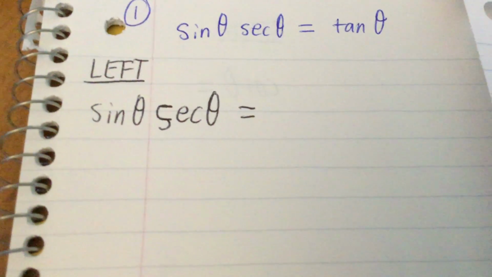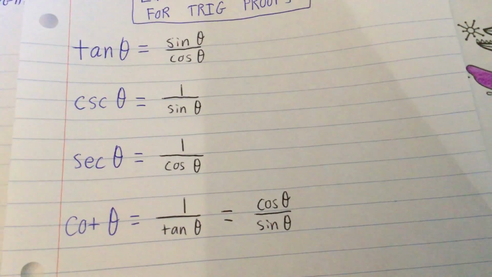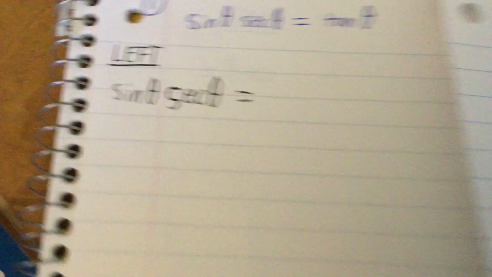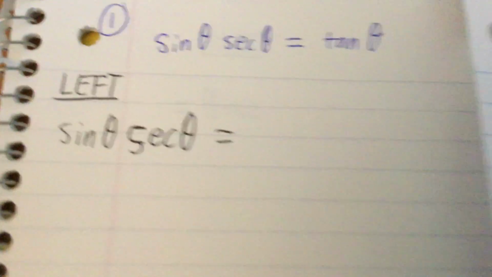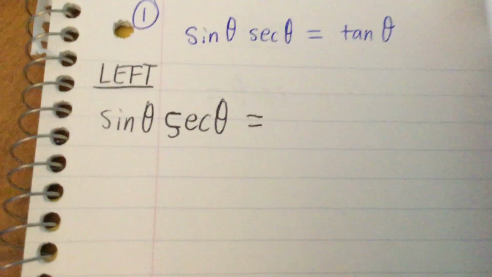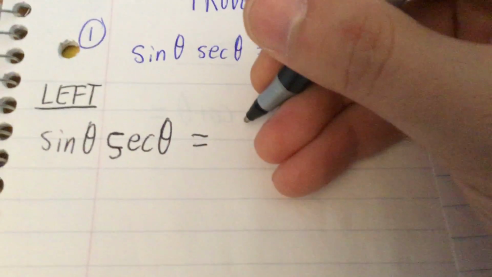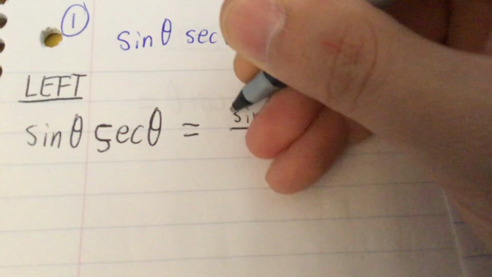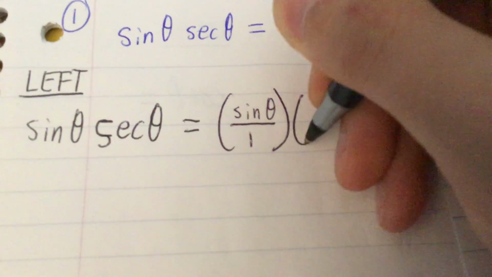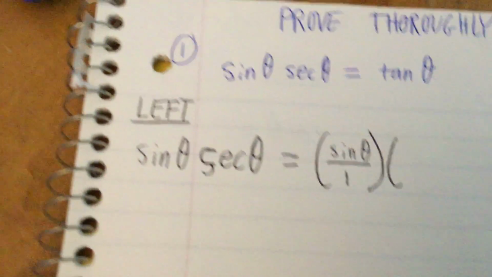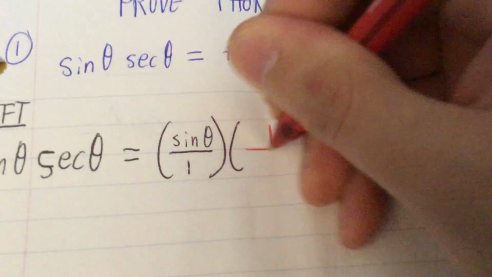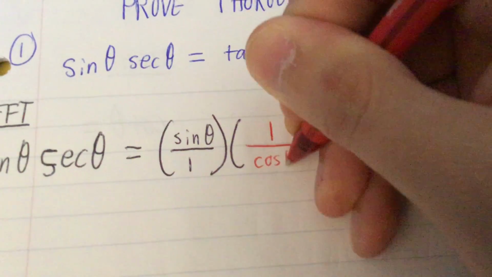Well, is there anything in this list that's going to help me break down? Well, I see a secant in the problem, and I know that secant is equal to 1 over cosine. Sine I can't really do anything about other than just make it sine over 1. So sine of theta over 1. Nothing special. But what I can do to secant is make that 1 over cosine.